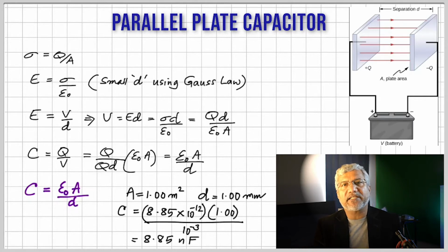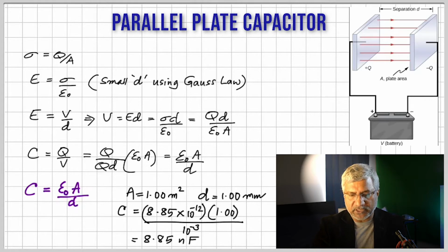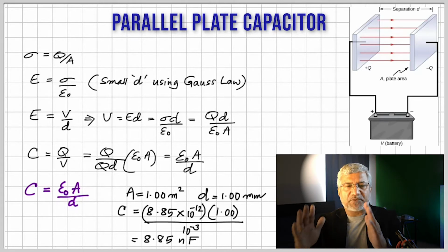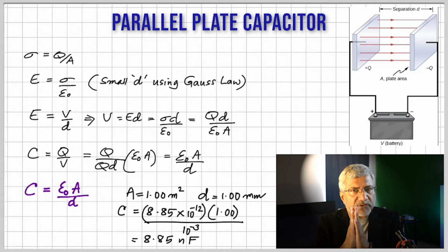But 10 to the negative 9 farad is 1 nanofarad. So this capacitance is simply 8.85 nanofarad. Now remember, 1 meter squared is a huge area. So even if we had an area of 1 meter squared and kept it really close, like 1 millimeter, still the capacitance is only 8.85 nanofarads.